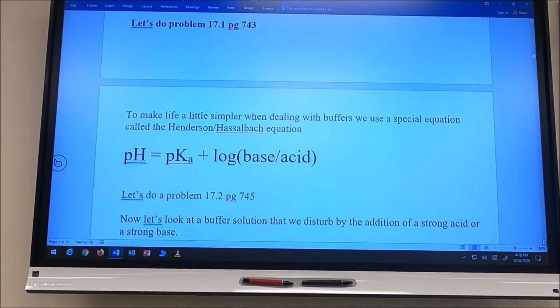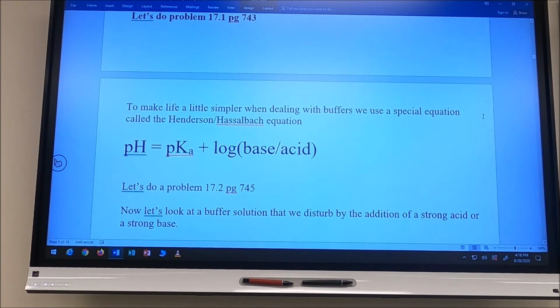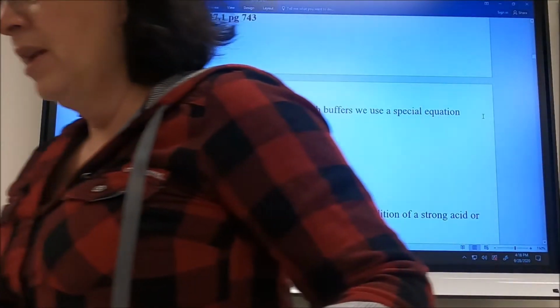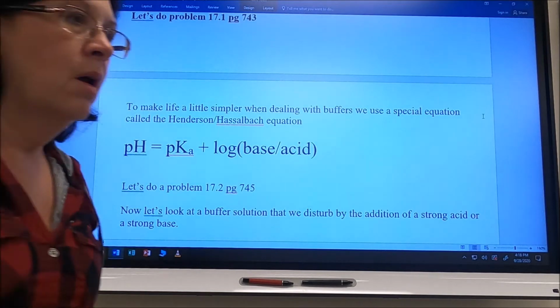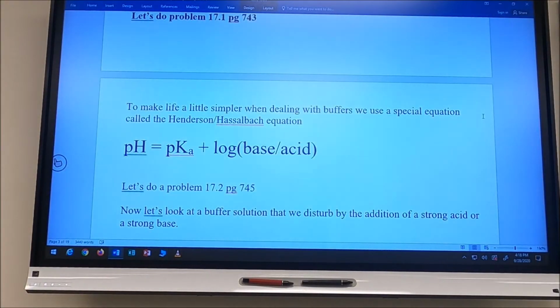So we can do problem 17.1 on page 743. Okay, 743. All right, now let's look at the problem and then we'll work it.